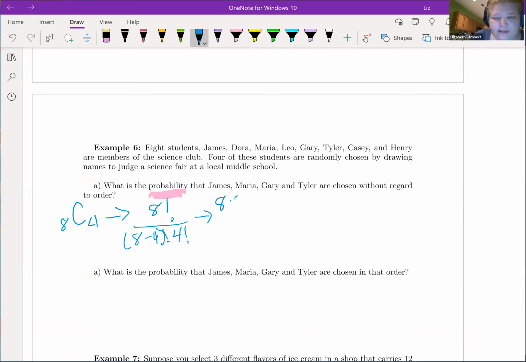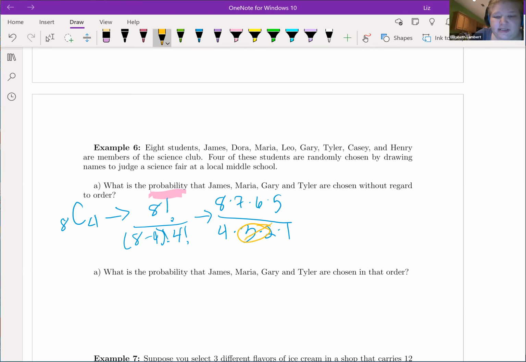So 8 times 7 times 6 times 5 times 4 factorial, but it cancels one of the 4 factorials on the bottom. Then 4 times 3 times 2 times 1. The way these formulas work, everything on the bottom will cancel into something on top. This must work out to be a whole number, not a fraction.